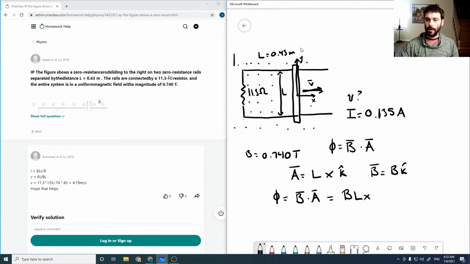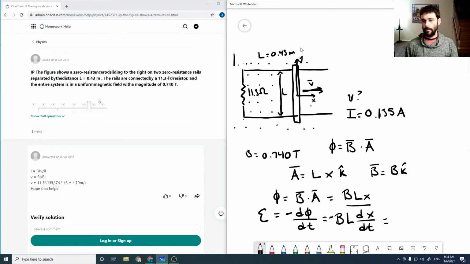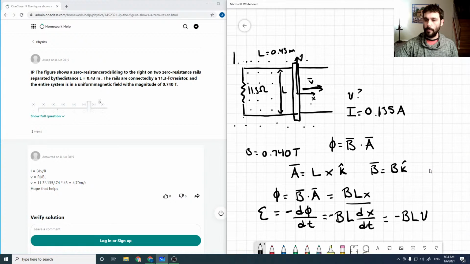From Faraday's law, our electromotive force is minus the derivative of the flux with time. If we take the derivative, our magnetic field and our length don't depend on time, so we can take those out front and write dx by dt. But dx by dt is our velocity, and so it's just BLV.